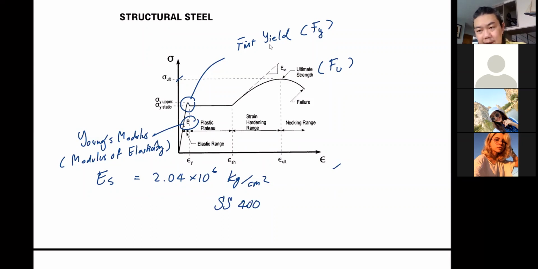Even though the strength is essentially the same, there's some difference in terms of weldability, but it should not make that much difference.